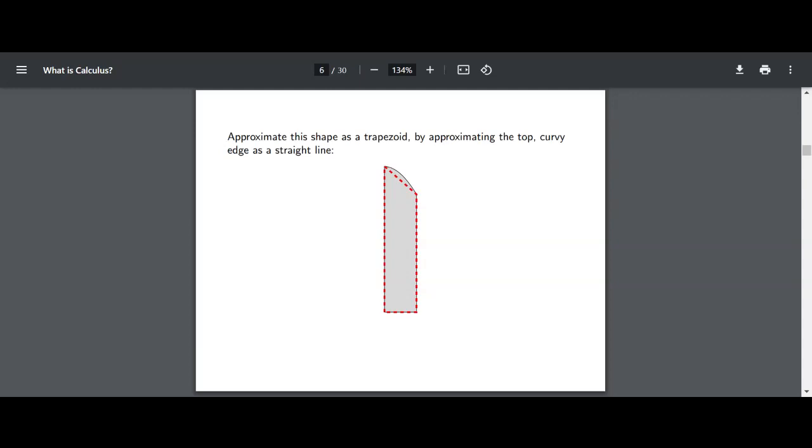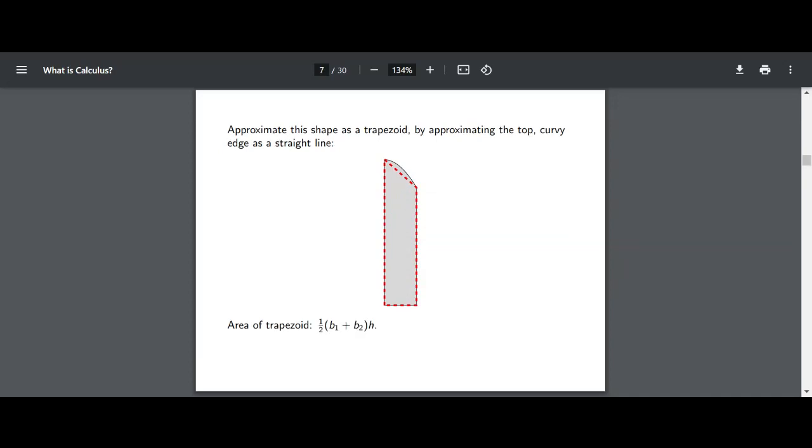And so the idea of this is we're going to take each piece and we can approximate it as a trapezoid. So what you can see that I've done over here is I just am ignoring the curvy part that's at the very top. I'm just going to pretend that you have like a straight line segment there instead. And that way I'm going to pretend that we had a trapezoid. So by doing that, we can use the formula for the area of a trapezoid.